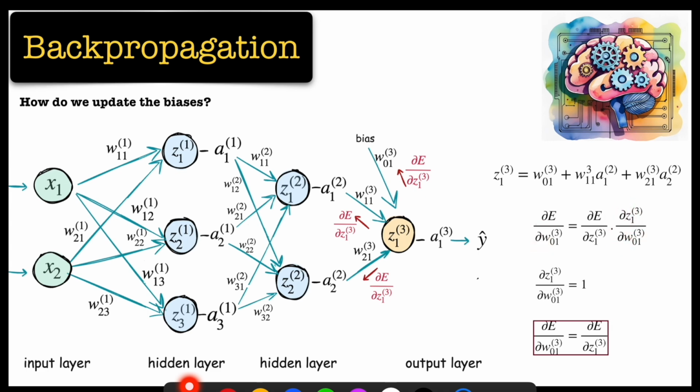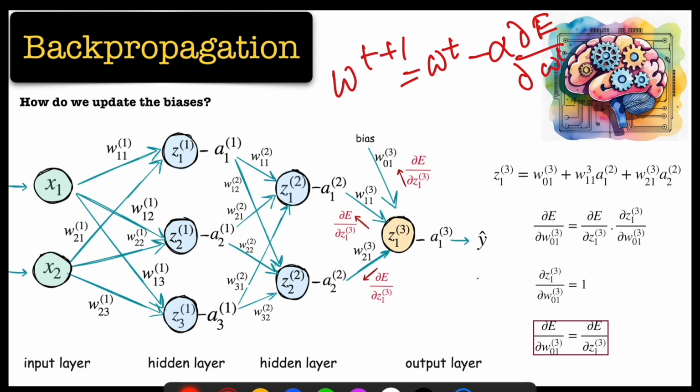So del E del W013 will be del E del Z13, whatever we calculated using the chain rule in this path. That's how we compute the gradient of the bias. And as we are calculating all these gradients, we can use them in our gradient descent: Wt plus 1 equals Wt minus alpha, where alpha is the learning rate, times del E del Wt for all the weights. And this is how we will be training our weight parameters.